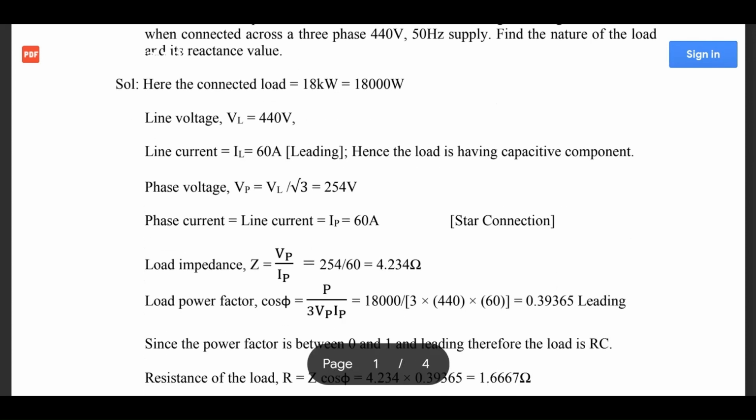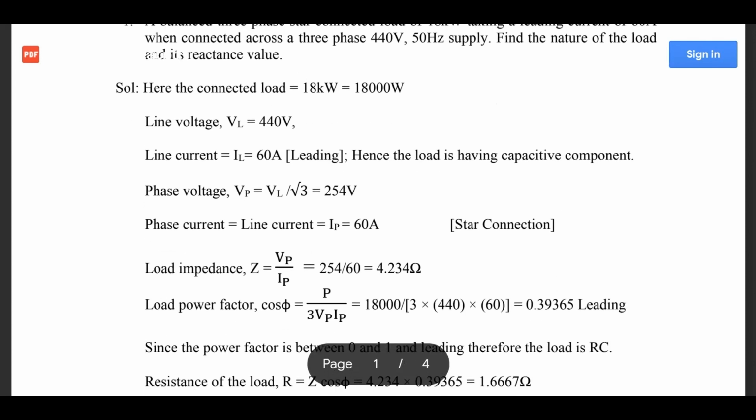First, we should understand that the connected load is given as 18 kilowatt, so we should convert it into the SI system as 18,000 watts, and the three-phase supply system is for 440 volts.